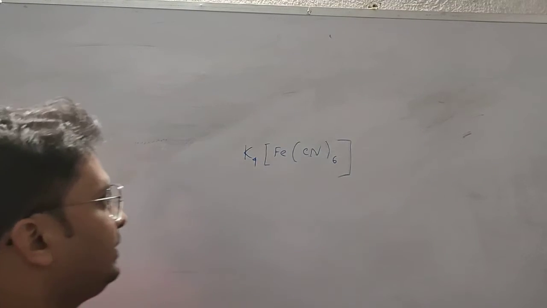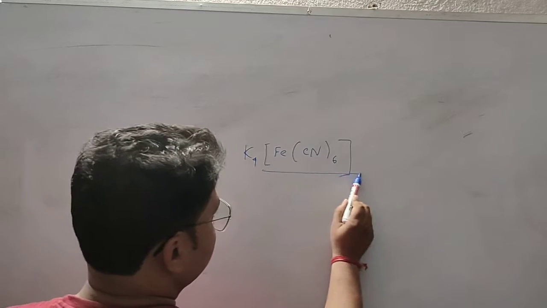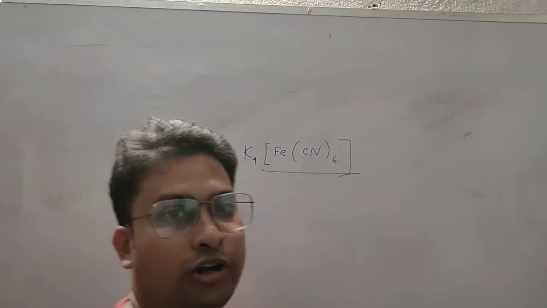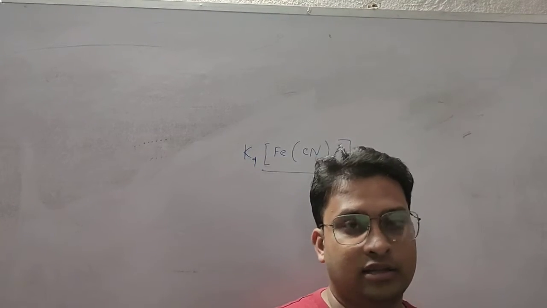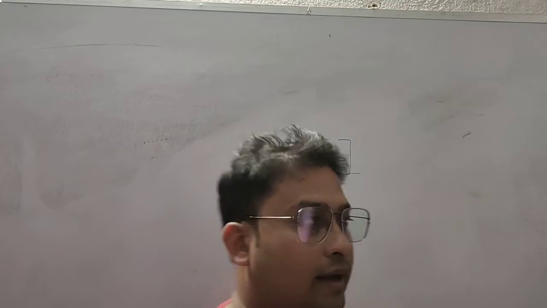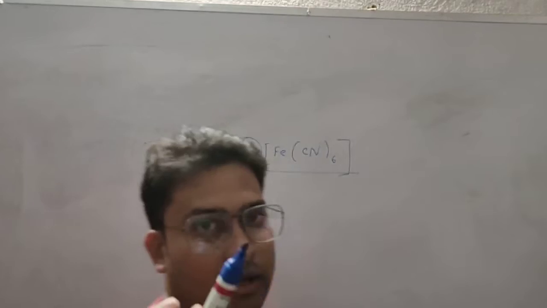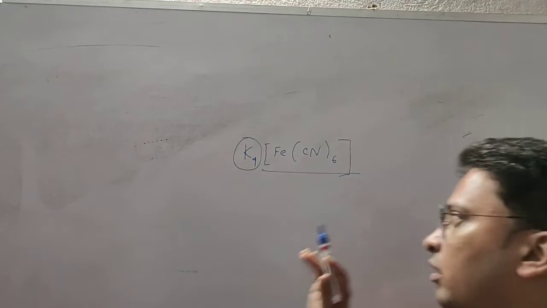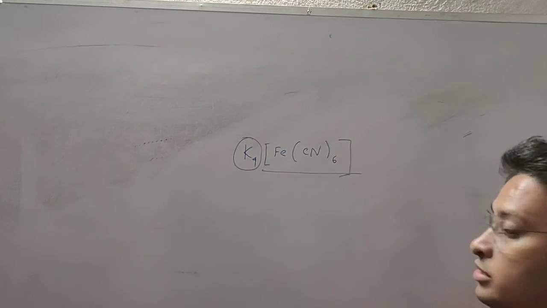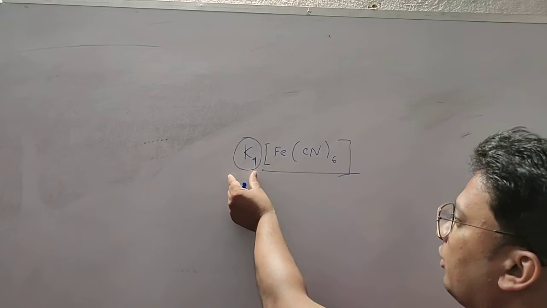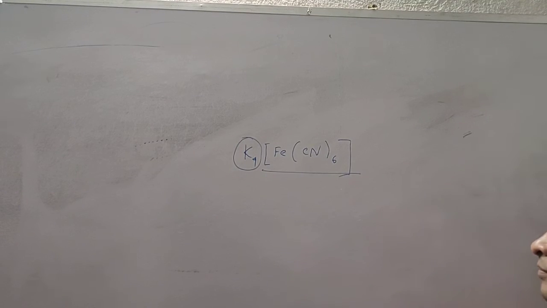Here this sphere is called the coordination sphere, and this sphere is called the ionization sphere.